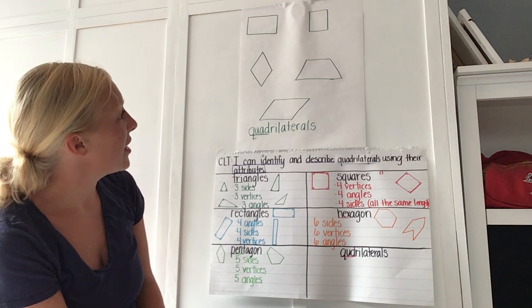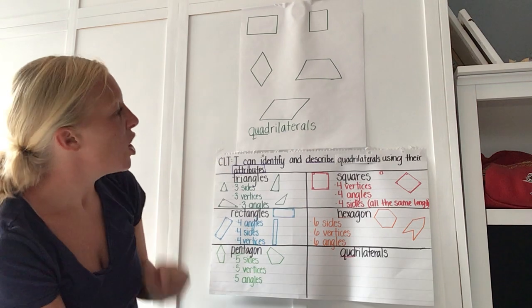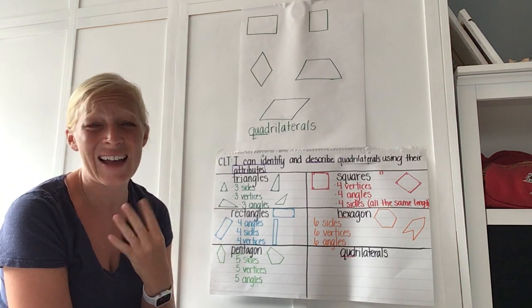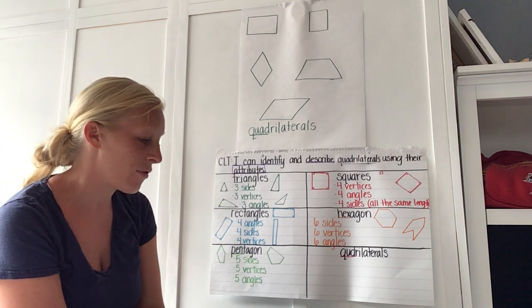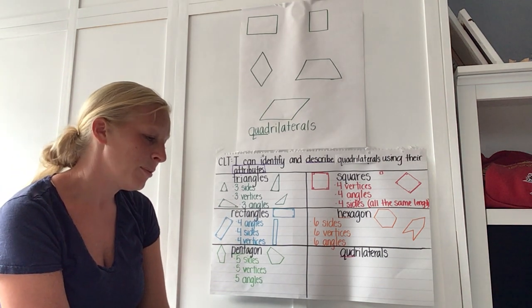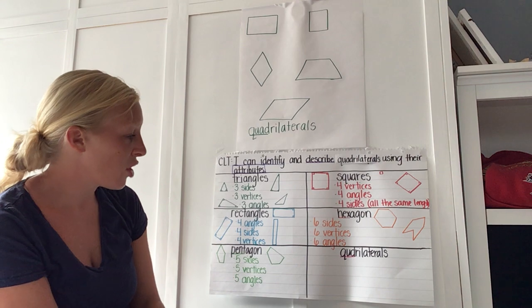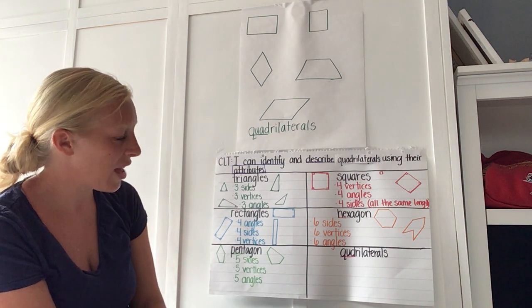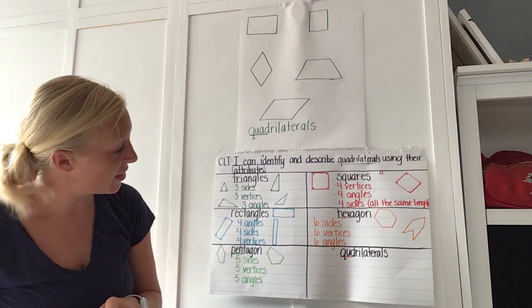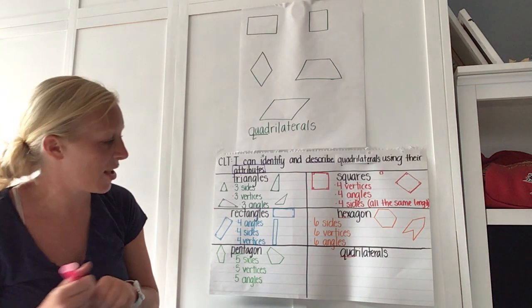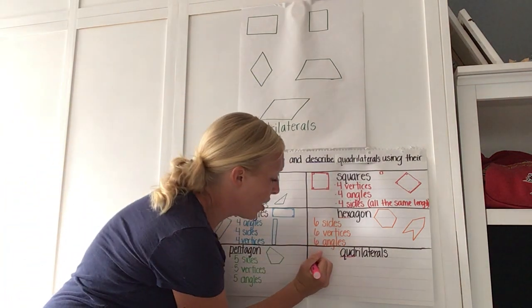When we take a peek at these quadrilaterals, we notice they all have four sides, they all have those four angles, and they all have those four vertices. Now, we are going to add our quadrilaterals to our chart. I feel like I have a friend just dying to share something about those quadrilaterals.